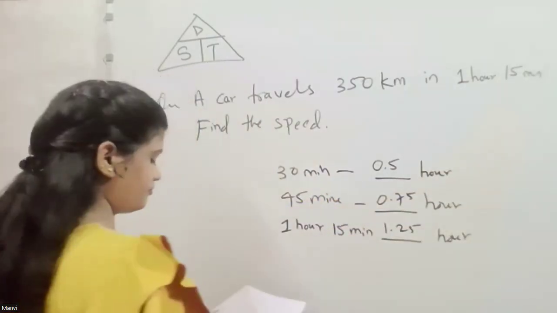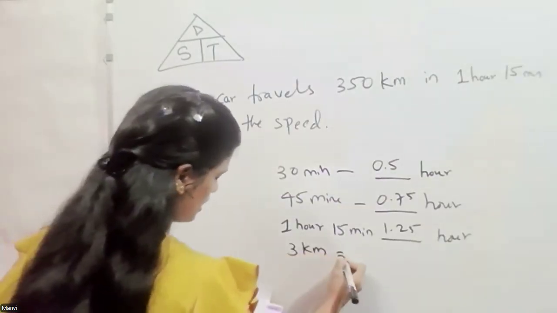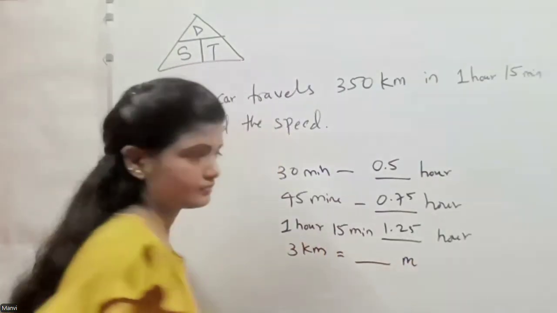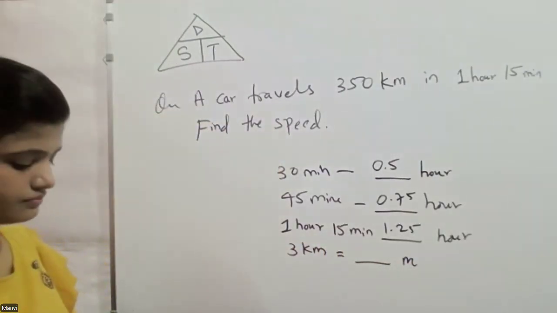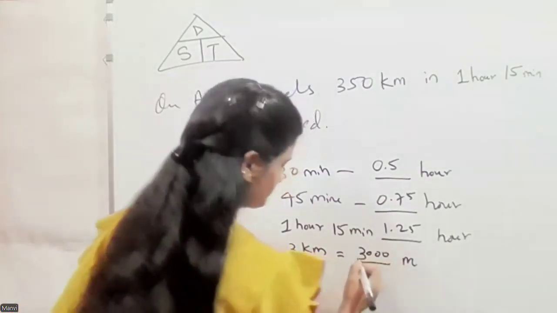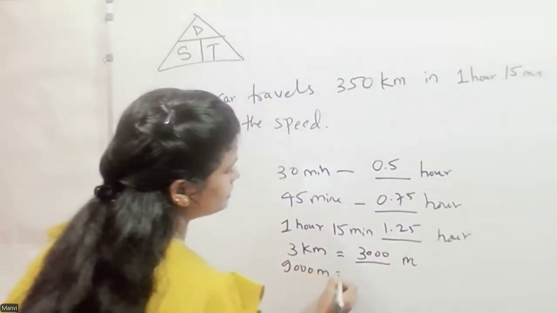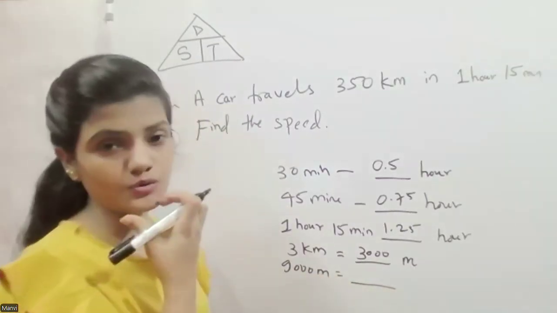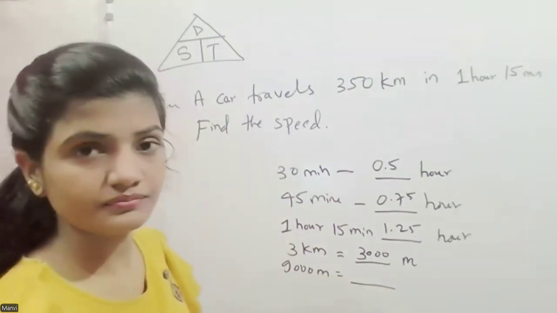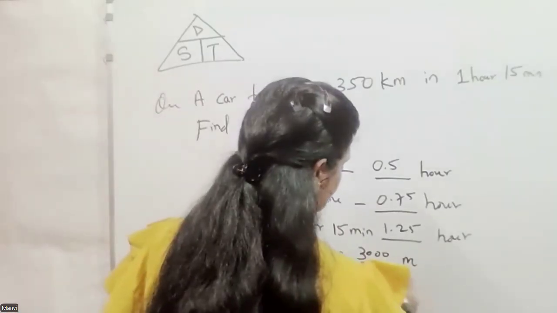Okay. One more thing. Tell me, 3 kilometer equals how many meter? 3,000 meters. 9,000 meter equals how many kilometer? 9 kilometer. Okay.